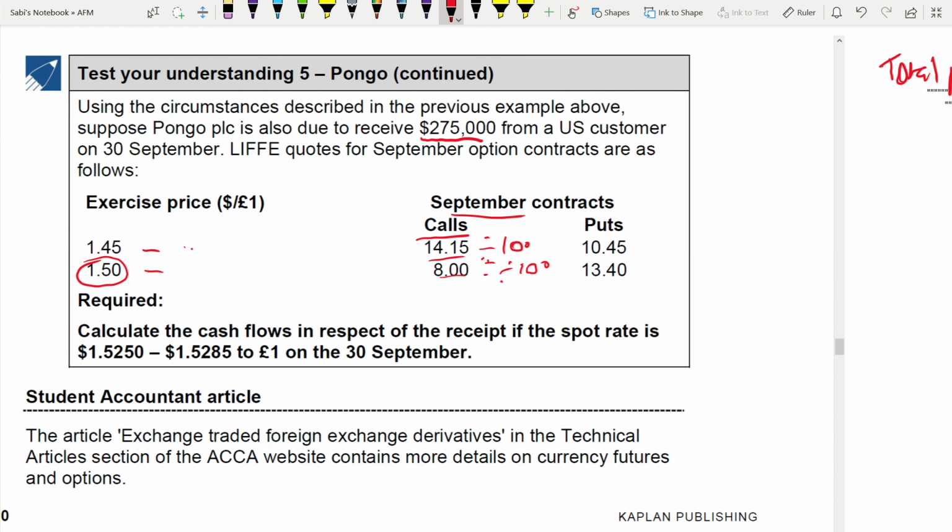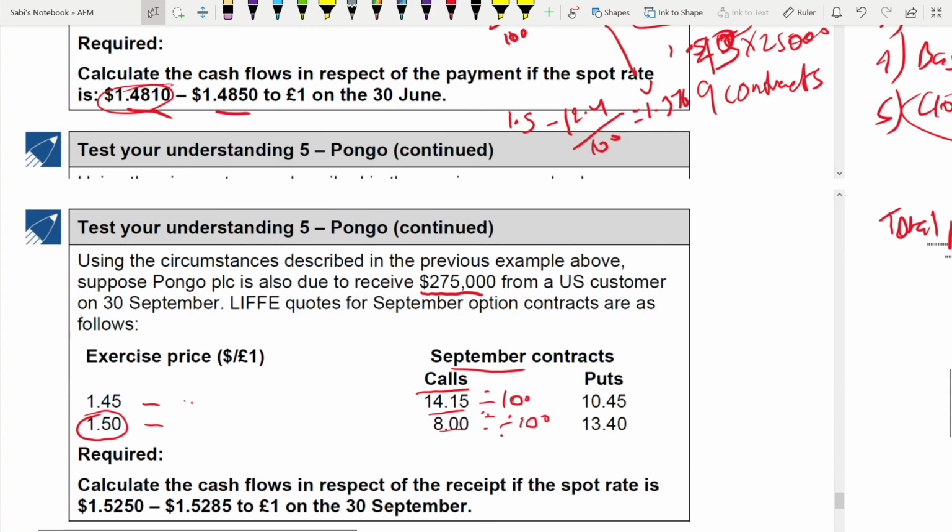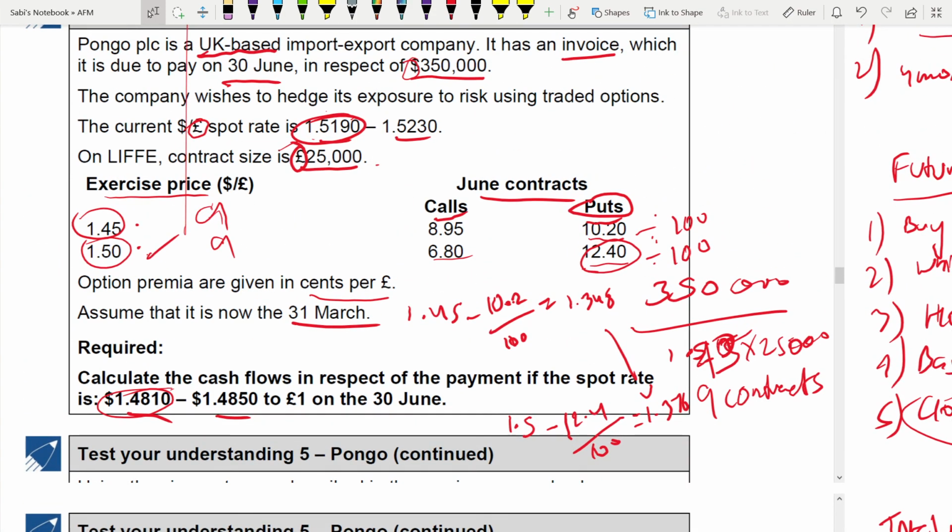275,000. First you need to divide this by the exercise price because we're exercising the option. So you divide 275 by 1.5 and then divide by the number of contracts, which is 25,000. The contract size is given here, 25,000.